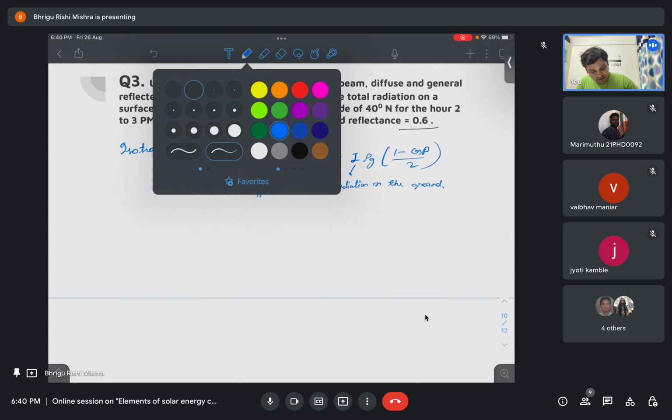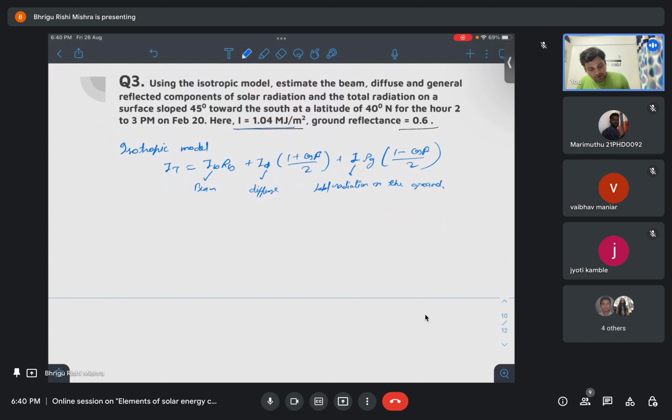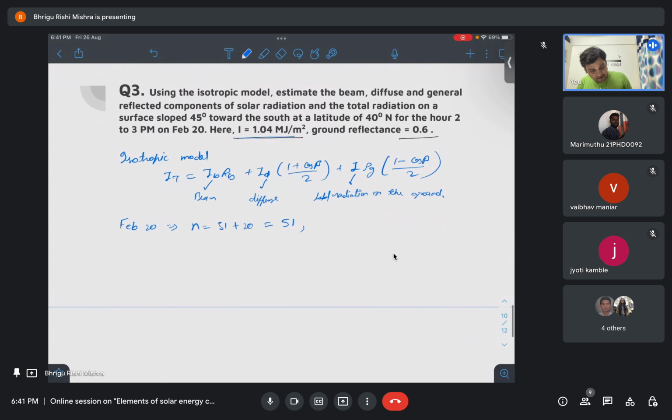What are the things we have been given here? First is February 20. Feb 20 means n equals 31 plus 20, which is 51. So n is equal to 51, and we are given that this surface is sloped 45 degree.